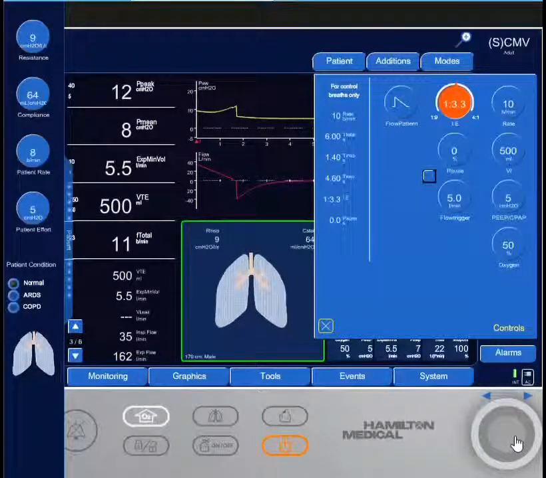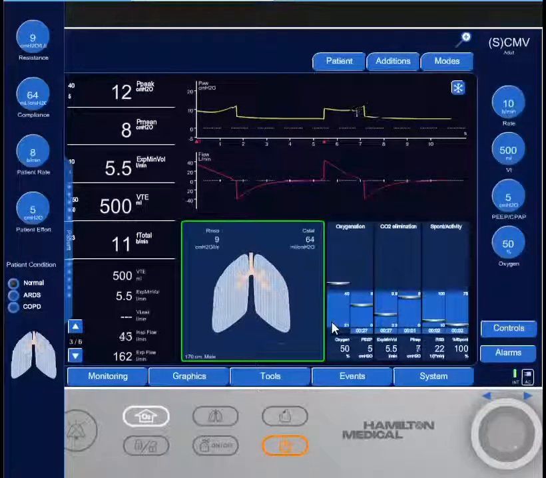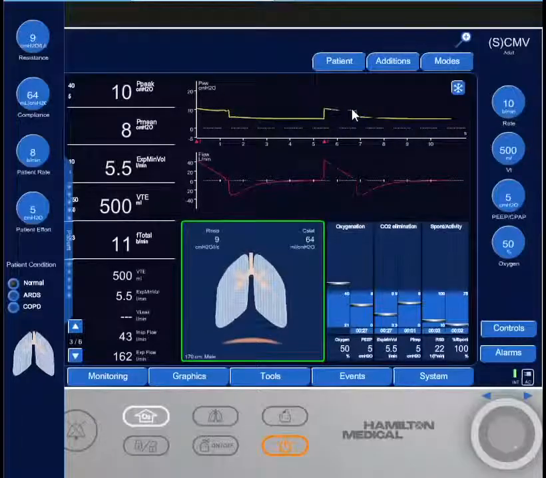So let's change this from 1 to 3.3 to an inspiratory time of 1.4 seconds, and that changed my inspiratory flow to 43 liters per minute. And as you notice, I'm getting rid of that pressure scooping and have an appropriate flow rate setting.